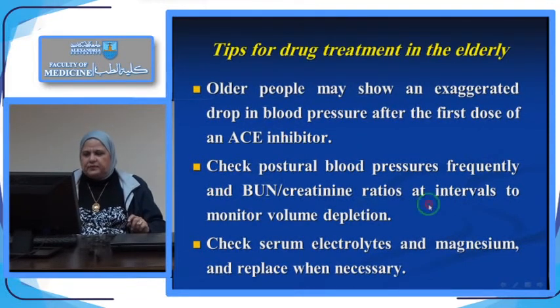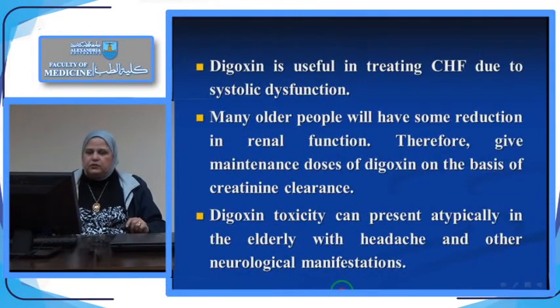Check postural blood pressure frequently and renal function at intervals to monitor volume depletion and dehydration, especially during use of diuretics in old age, which is mandatory and very common. Check serum electrolytes and magnesium and replace when necessary, a very important issue in old age.